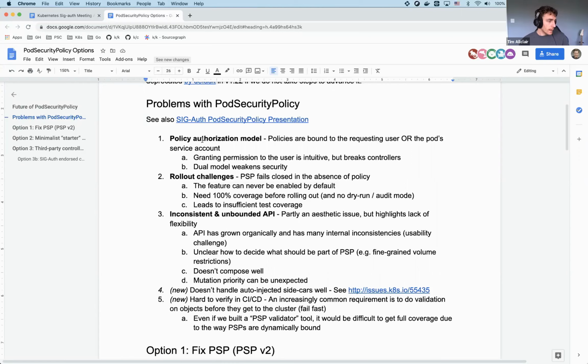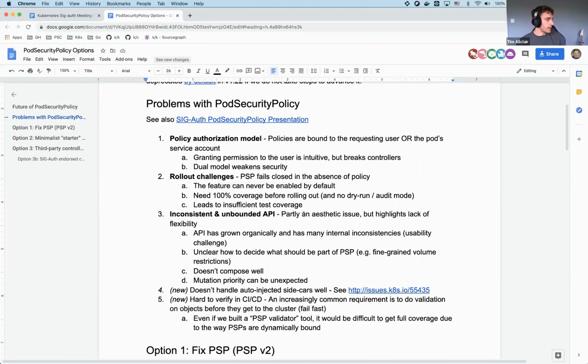So this makes it essentially impossible to turn on by default, which means that we're always lacking some test coverage, and users don't typically start with pod security policy enabled. And then because of the global nature of it, it's very difficult to roll out a pod security policy on an existing production cluster.